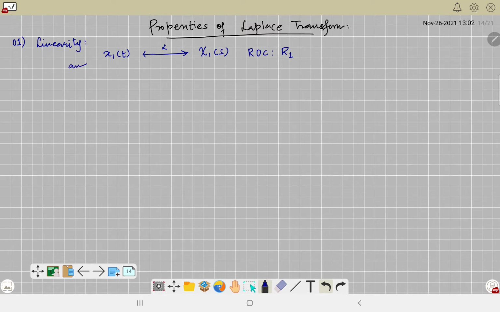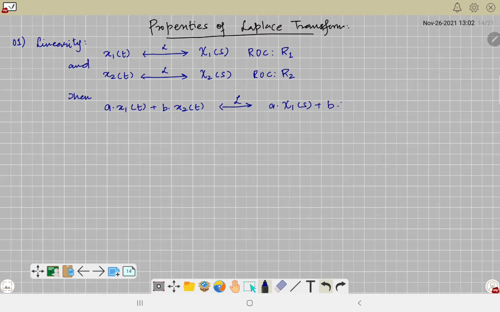And similarly, if I have another signal x2(t) with the Laplace transform of X2(s) and a region of convergence, say R2, then if I find a linear combination of these two signals, something like this, a times x1(t) plus b times x2(t), and try to find a Laplace transform, the linearity property will say that it will be something like this.